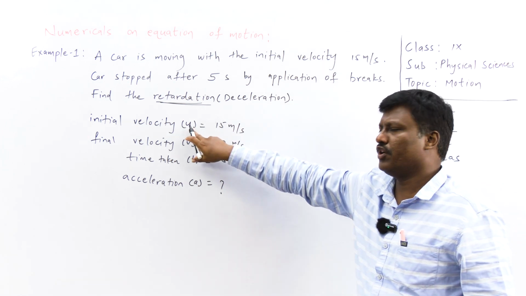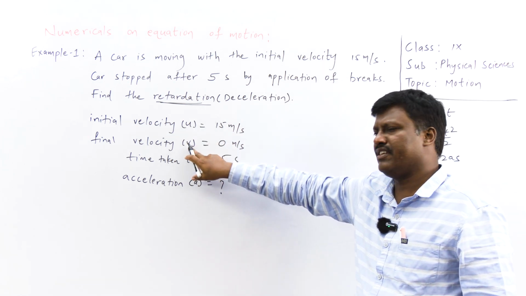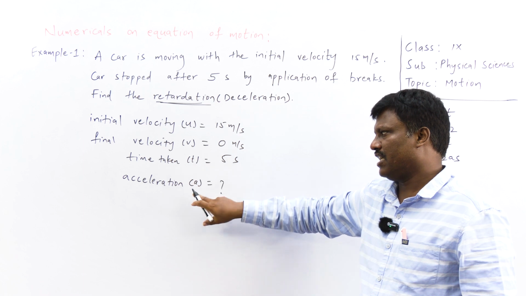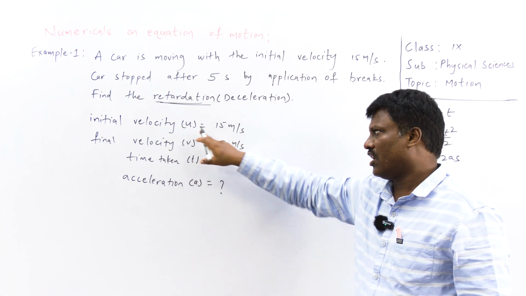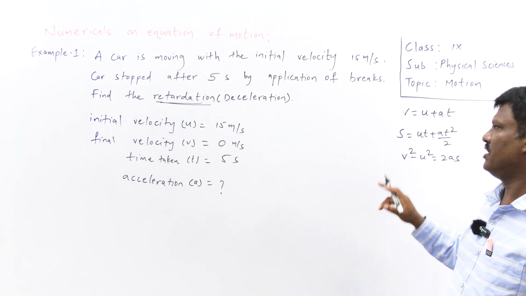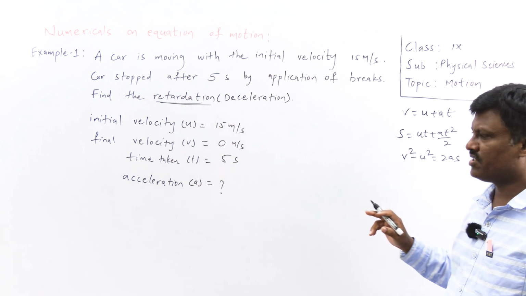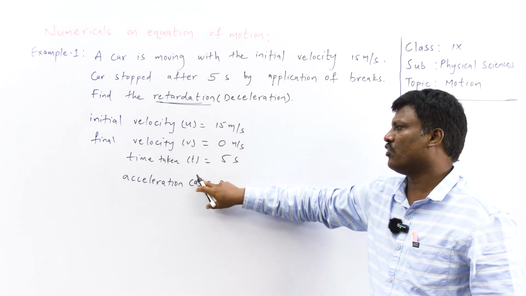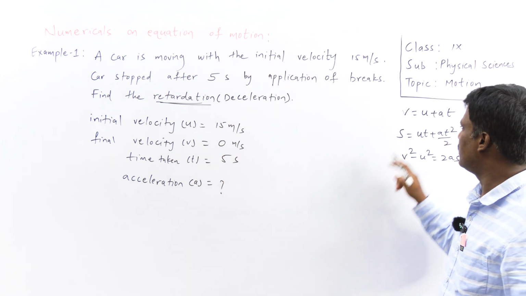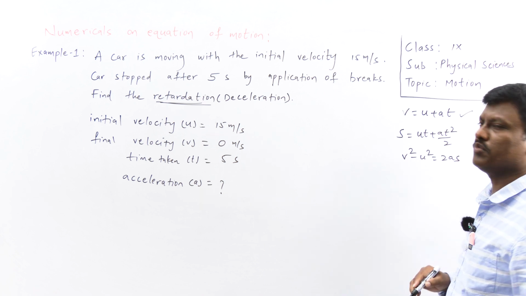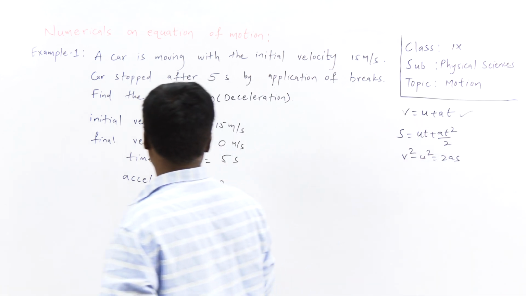Here what is given? U initial velocity, V final velocity, T time, and they are asking for A. So out of these three equations of motion, which equation gives the relation among these four? These four are present in the first equation of motion. So we have to take that equation of motion.